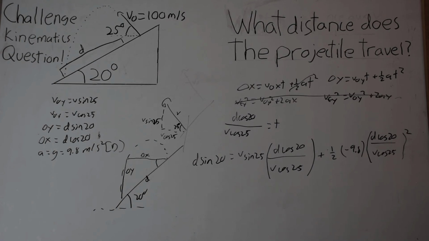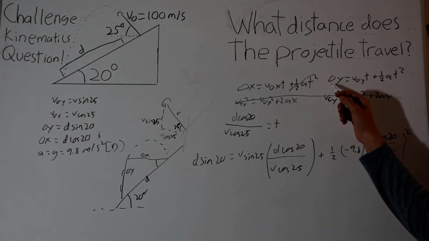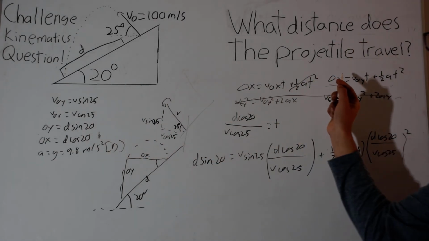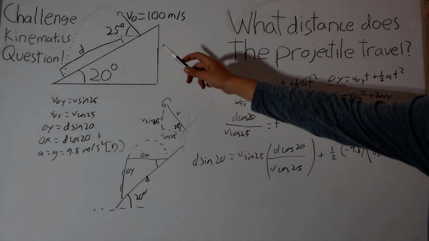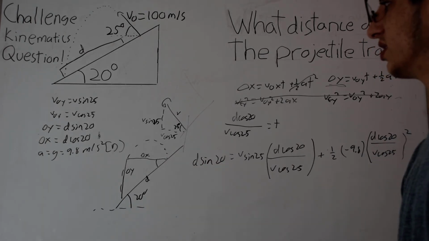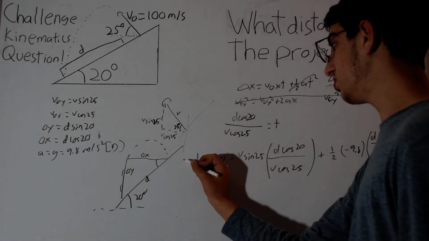Alright, so as I said, this acceleration is downwards and I wrote it as negative. But this change in y, keep in mind this d sine 20 is just what I wrote for change in y, right? That is also downwards because the ball is going to end below where it started. So this must also be negative.